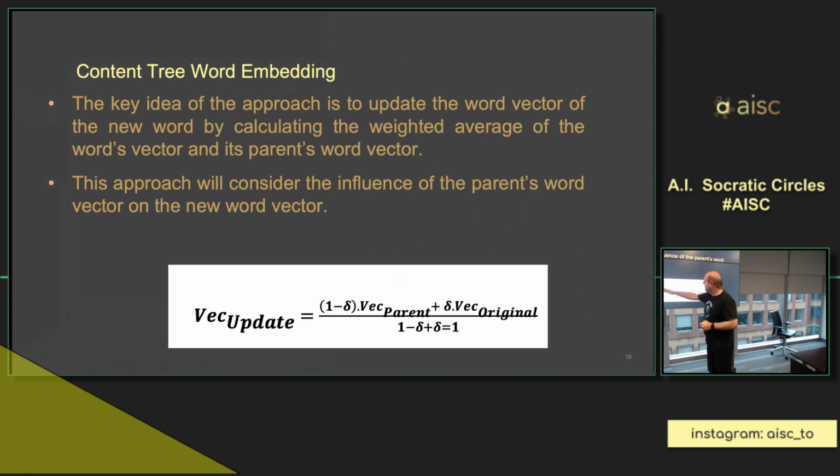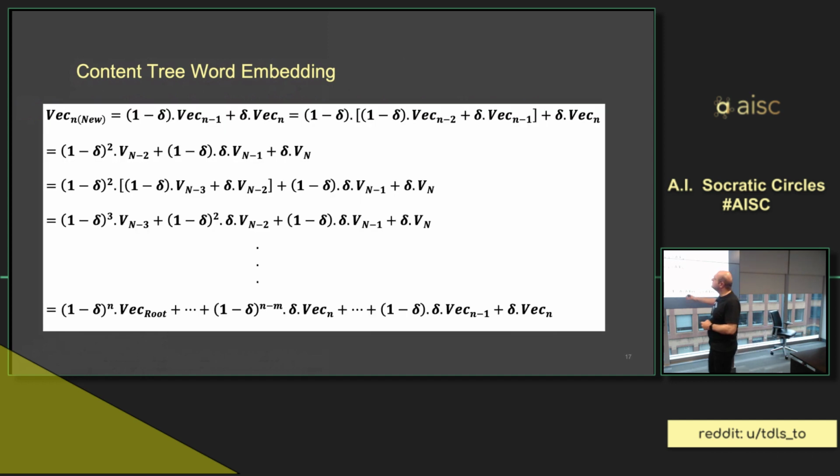This is the formula for updating the word vectors. This approach considers the influence of the parent's word vector on the new word vectors by updating them.